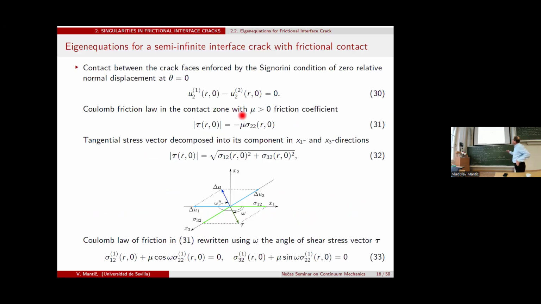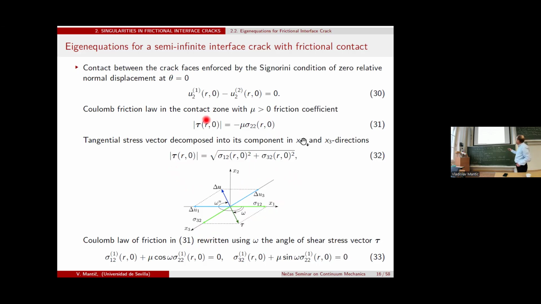Additionally, we need to impose the contact condition of zero relative displacement in the normal direction, which is basically this one. The x2 is perpendicular to the crack plane, the interface plane. Additionally, we have the Coulomb friction law. If we express the shear stress vector, we can decompose it into components sigma 1,2 and sigma 3,2.